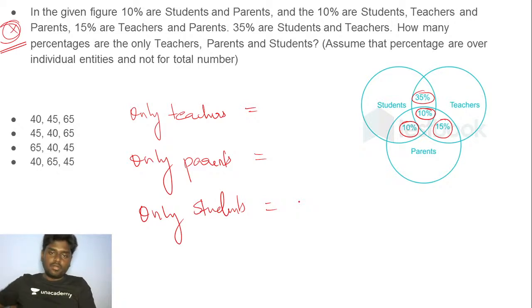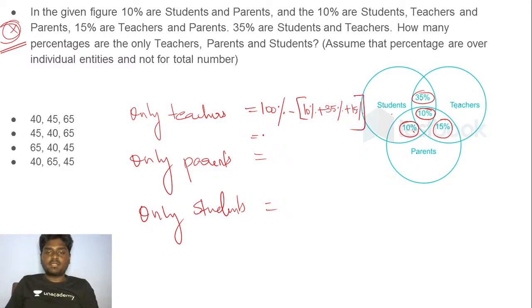So if I want to find the percentage of only teachers, from 100%, I subtract the 10% where you have all three, that is teachers, students and parents, plus the 35% where you have teachers and students, plus the 15% where you have teachers and parents.